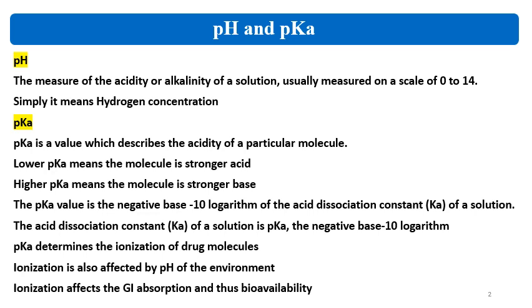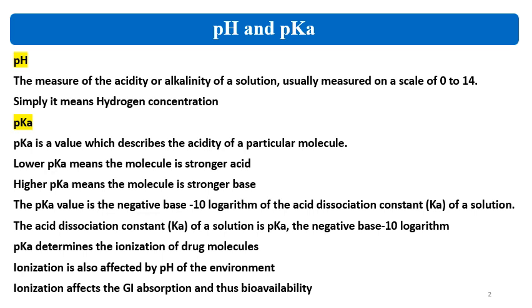So if the pH is on the lower side, that is the acidic side, and if it is towards the higher side, then it becomes basic. In simple meaning, the pH is the measurement of hydrogen concentration.